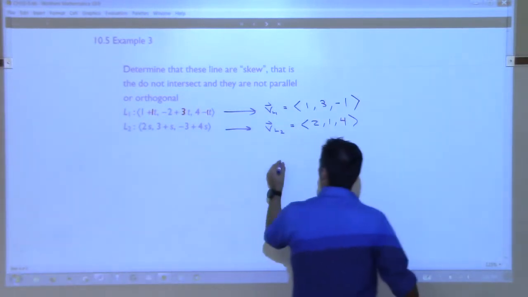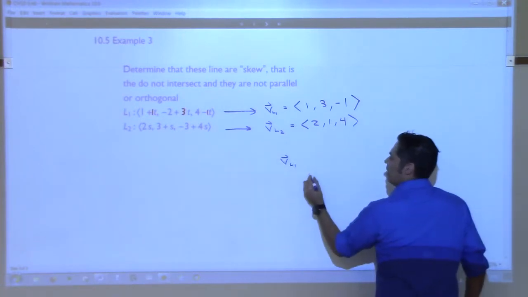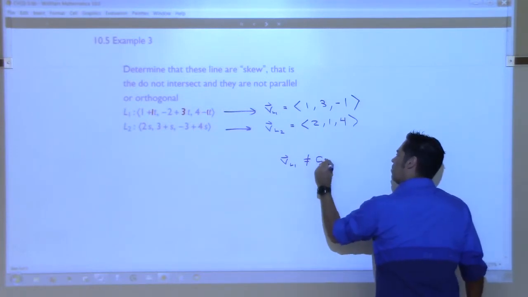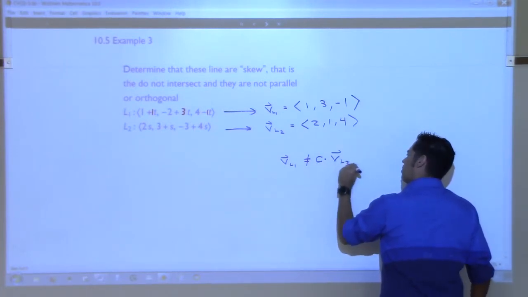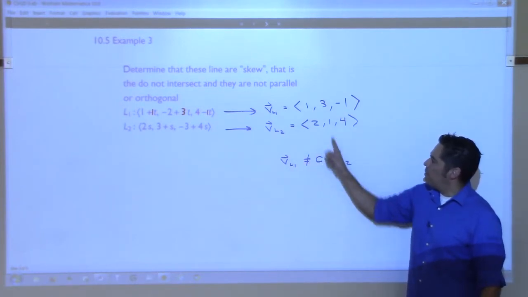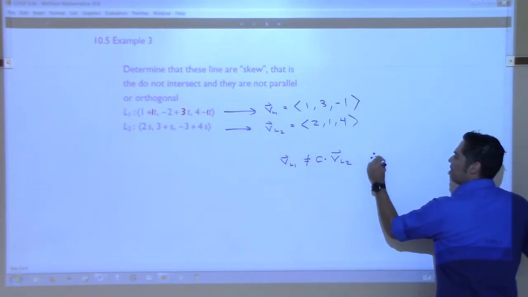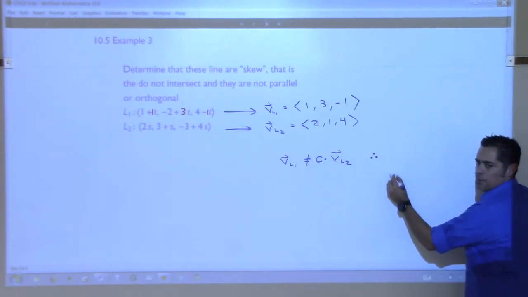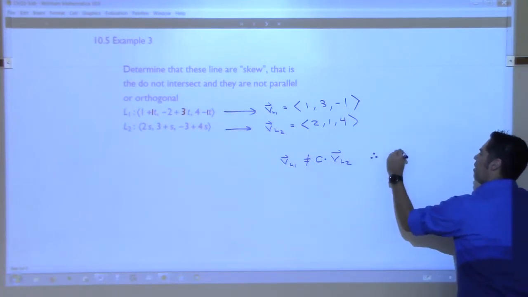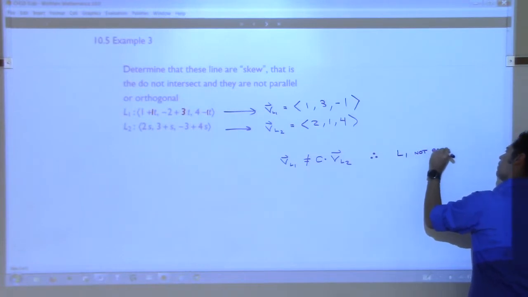So VL1 is not a scalar multiple of VL2, and therefore, L1 is not parallel to L2.